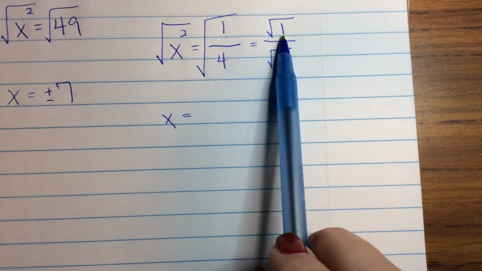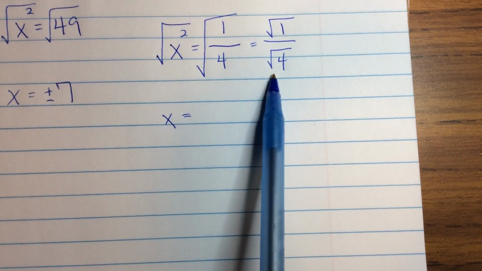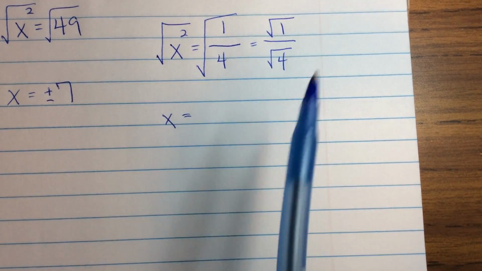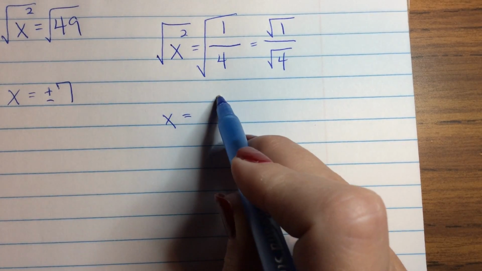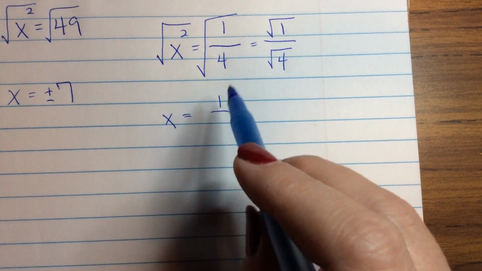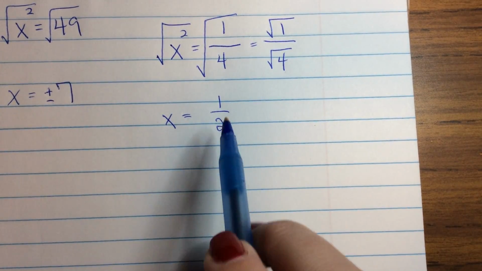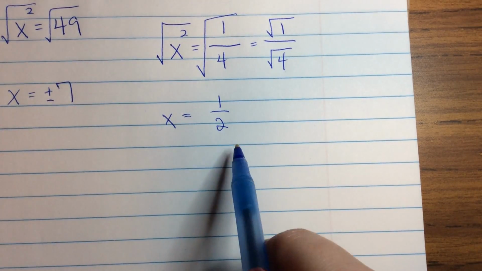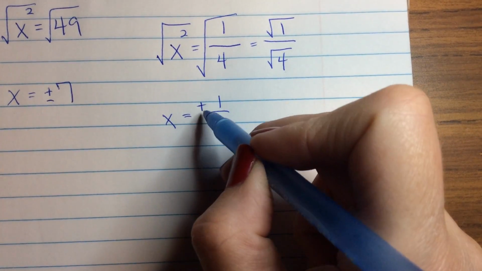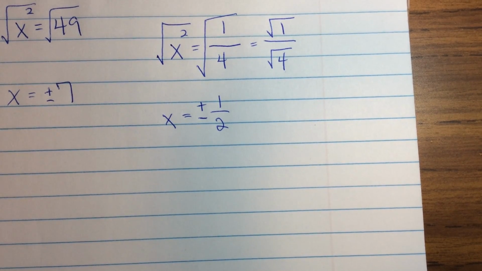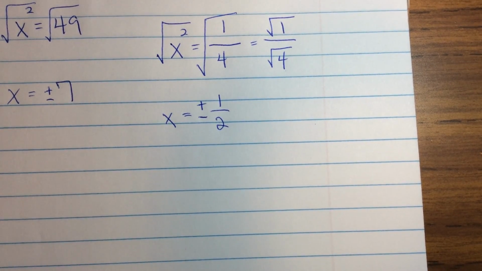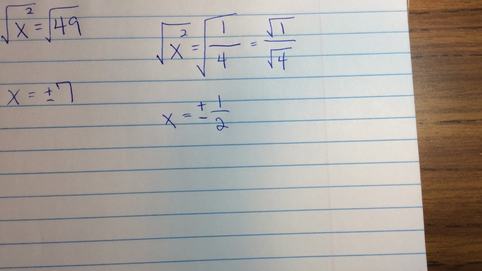The square root of 1 will be our numerator, and the square root of 4 will be our denominator. Well, the square root of 1 is 1, and the square root of 4 is 2. So our answer is 1/2. But it's not only positive 1/2, it's also negative 1/2. So as long as you have your green sheet, you should be fine with these. And again, your sheet might not be green.